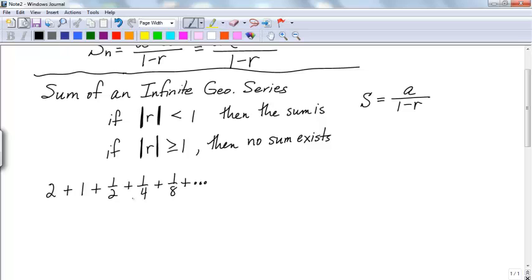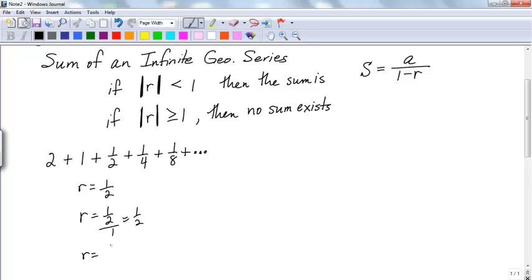Okay, first you want to figure the ratio, and the ratio would be 1 divided by the previous term, 1/2 divided by the previous term, 1/4 divided by the previous term. Take 1/4 divided by 1/2. Remember, when you divide fractions, you're going to invert and multiply. 1/4 times 2 over 1, which would also be 1/2. So the common ratio is 1/2.